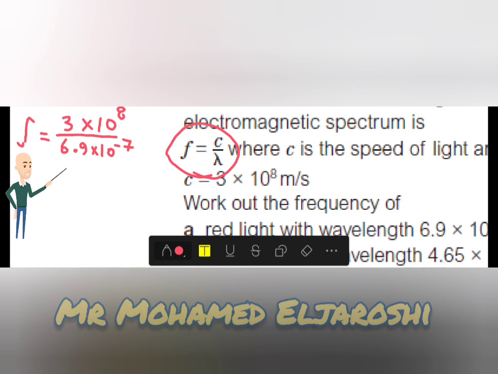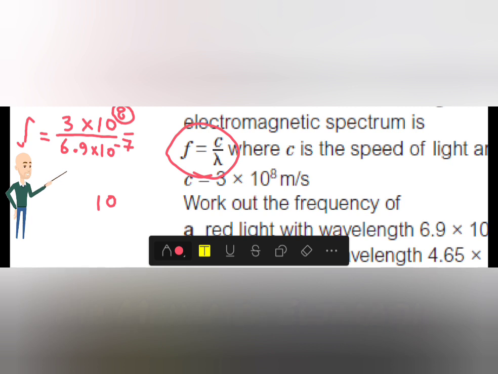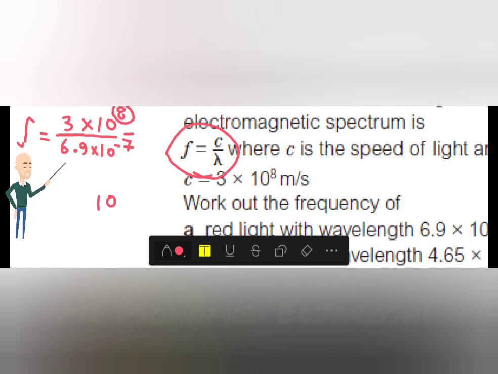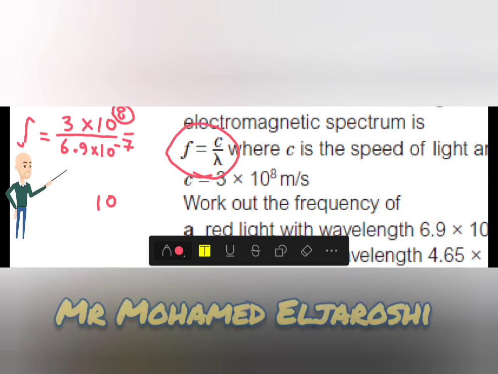And then divide the 10 with the power and subtract it. So it's going to be 10 with the power of 8 minus 7. So it's going to be 8 minus 7, and minus means plus. So 8 plus 7 is 15.